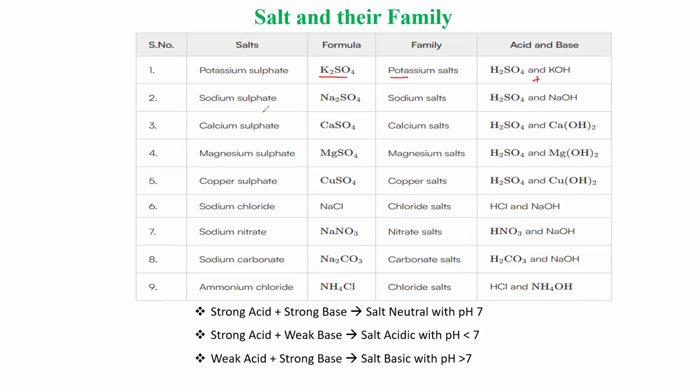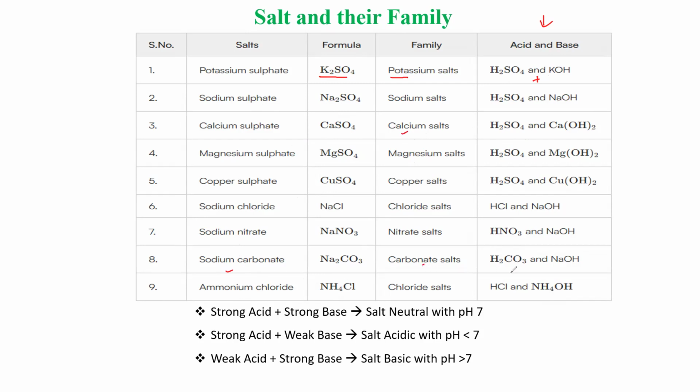Similarly, we have sodium phosphate from the sodium salt family, and calcium sulfate from the calcium family. All these reactants are written here on the right side, showing how we obtain each salt. On the basis of their reactant properties, like sodium carbonate, which is in the family of carbonate salts.